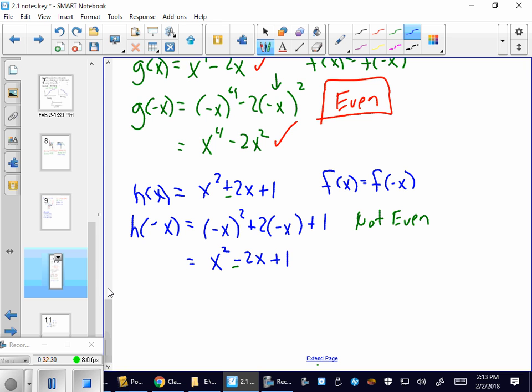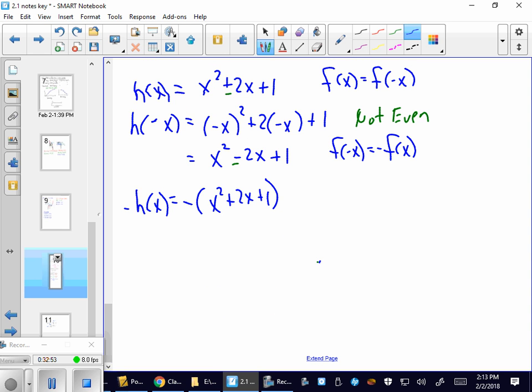Okay, let's see if it's odd. Odd means you would have to do the f of negative x equals the negative of f of x. So I need to find the negative, in this case, of h of x, which is taking the entire top function and making it negative. So we'll distribute the negative through and see what we get.